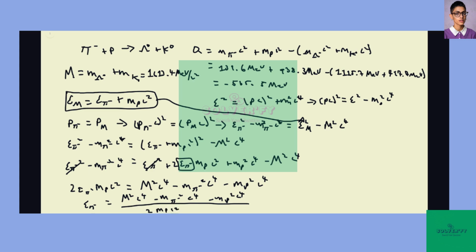All right, so this is the total energy of the pion, so that's going to be its kinetic energy plus its rest mass energy. I'm going to now create a new page here and rewrite that equation from the last page just so it's here.